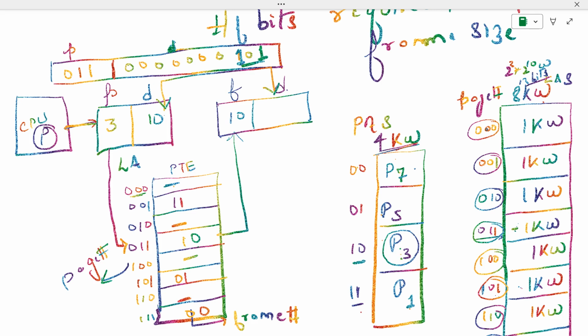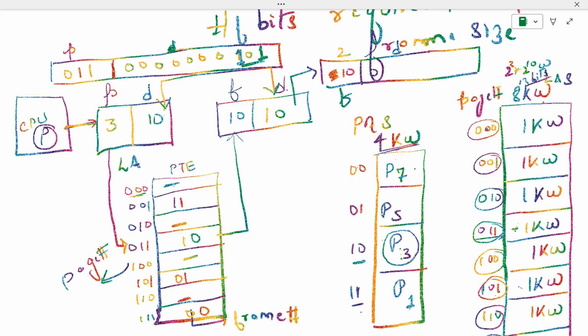So this will be 10 bits again. Now from here we will generate the physical address of this instruction. So it will be 10, because it's 2 bits, and this is the frame number, and then we have the D, which will be the same as this.